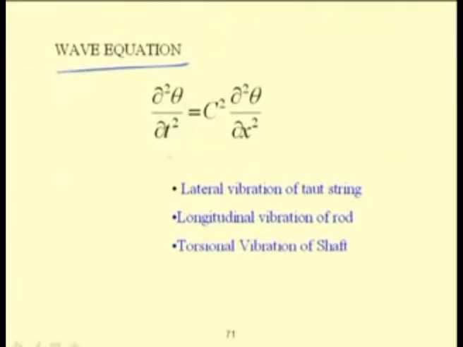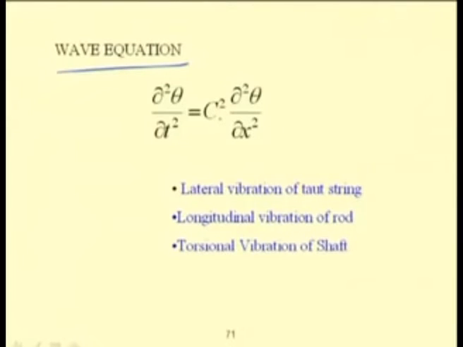So, this equation can be solved. This term represents the inertia force and this is the stiffness part. One can find the response of the system by solving this wave equation. Unlike a discrete system, where the equations of motion are written in terms of ordinary differential equations, here the equations of motion are written in terms of partial differential equations.